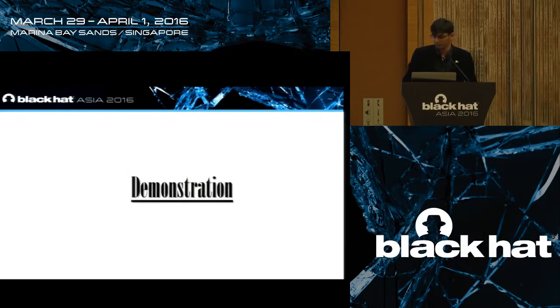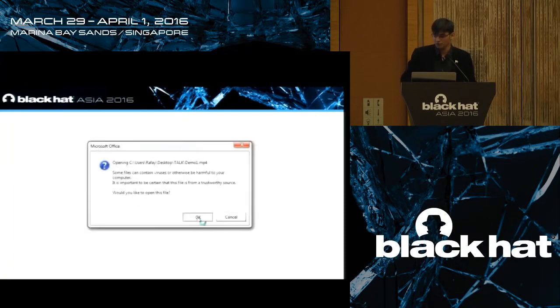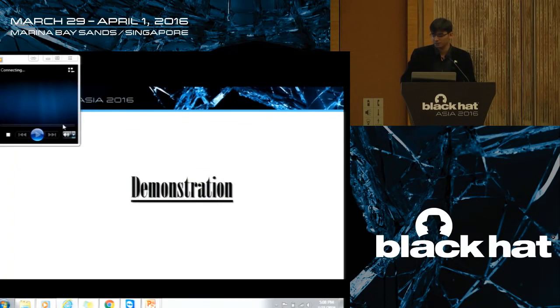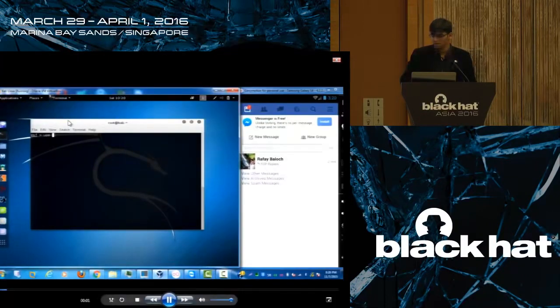I have a simple demonstration of this issue, so you can see how it works. So this is the Metasploit module, and this is the Android stock browser, and we are logged into facebook.com, and I've sent this message, SOP bypass, to someone.